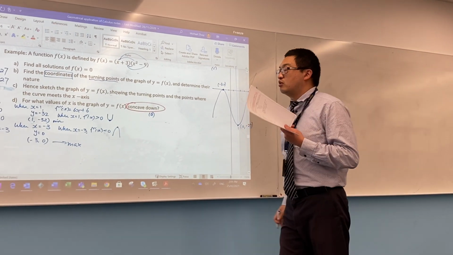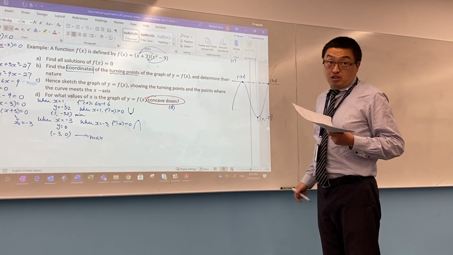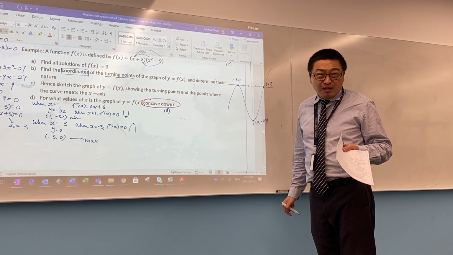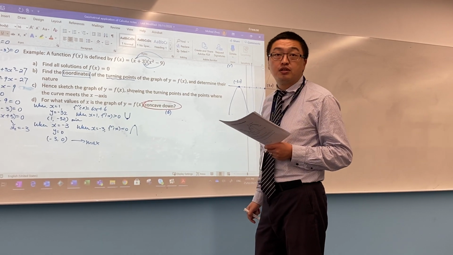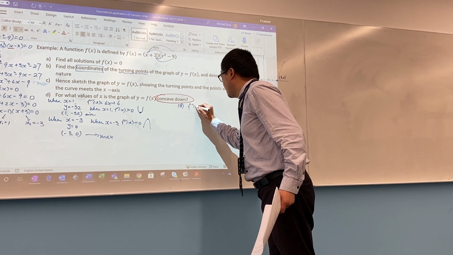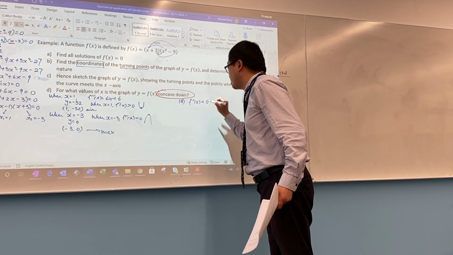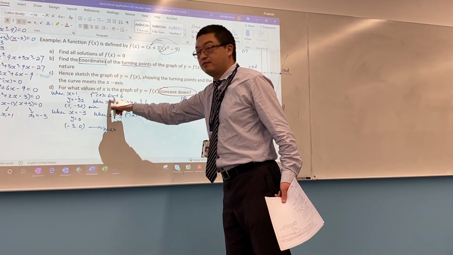For what values of x is the graph concave down. So whenever a question talks about concave down, I'm thinking about the second derivative is what? Less than 0, smaller than 0. Very good. So what's the second derivative here?